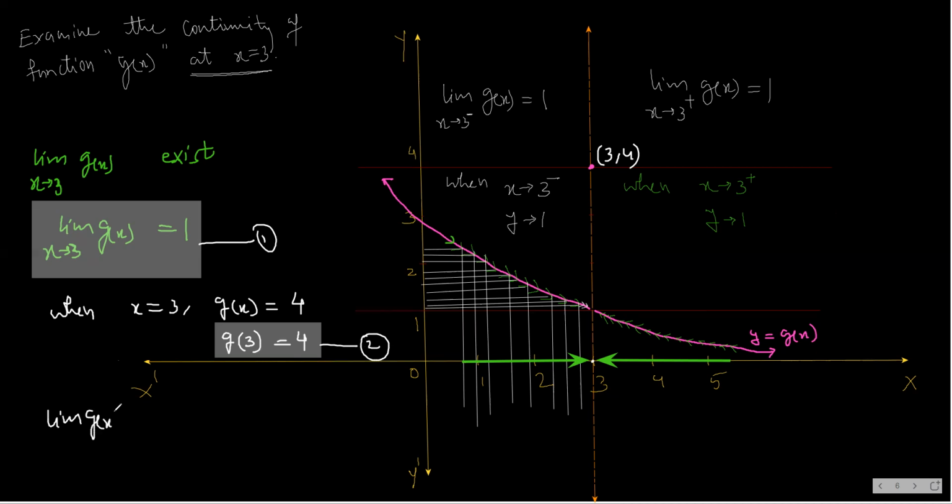Limit g of x when x tends to 3 is not equal to g of 3. They are not equal. When x is approaching 3 from either side, the function is approaching 1. But when x is equal to 3, the function is not 1. And because of this, you see a hole here.